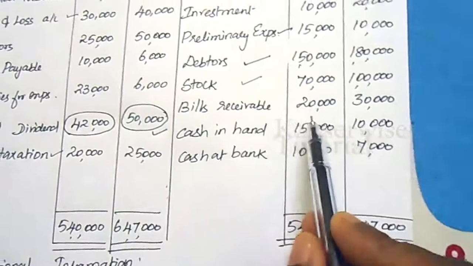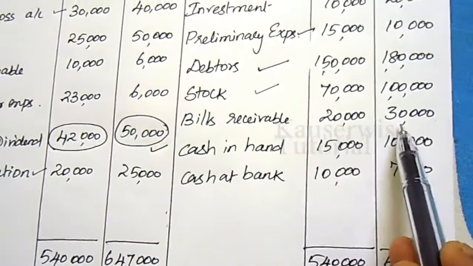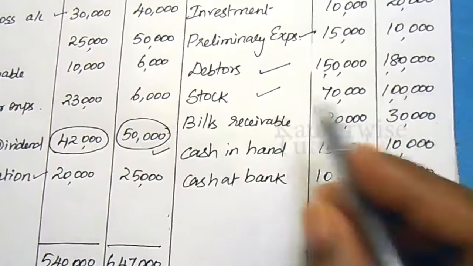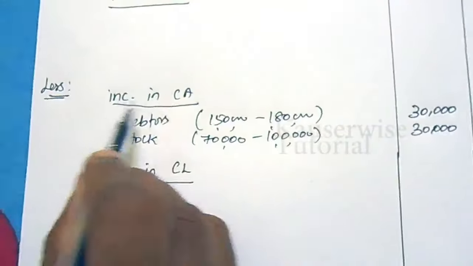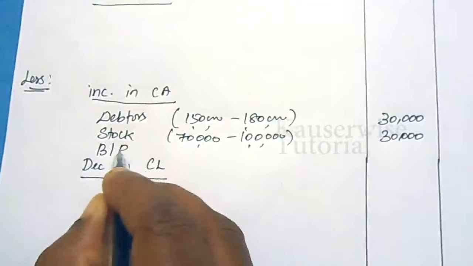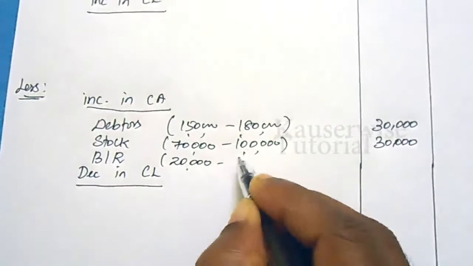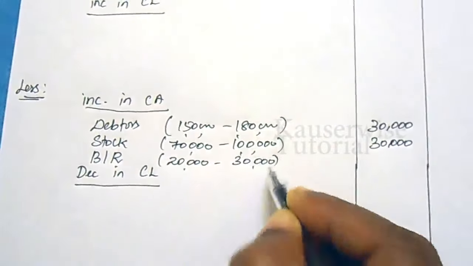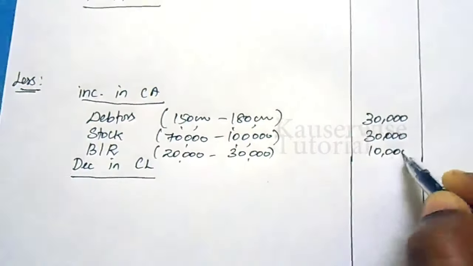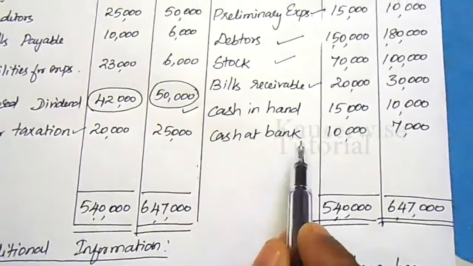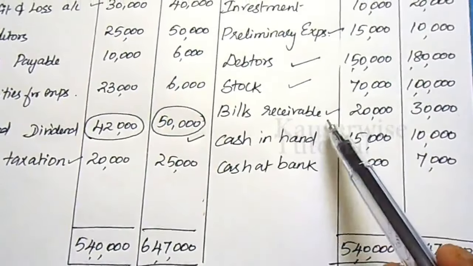Bills receivable. Last year 20,000, this year 30,000. Again increased. How much? 10,000. Increase in current asset. Bills receivable. Last year 20,000. This year 30,000. 10,000 increased. Except cash in hand and cash at bank, we have entered all other current assets.